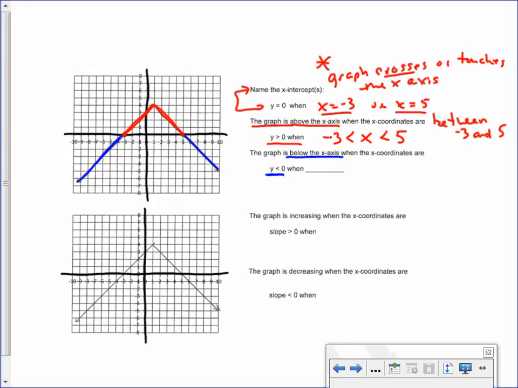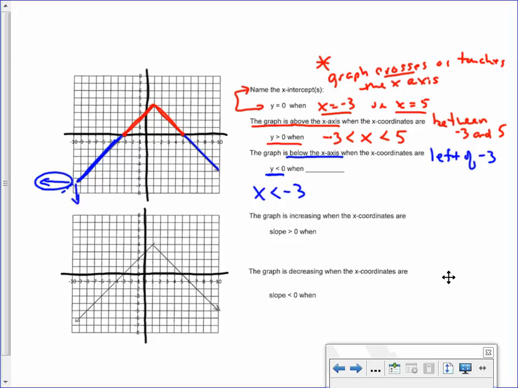One batch of these problems is over here to the left. Now we look at this graph, it is going down. I'm drawing an arrow that indicates it's going down, but it's also headed off to the left. And we're going to be describing its x value, so we're going to look at the left. So the first answer is to the left of -3. And we write that this way, x is less than -3.